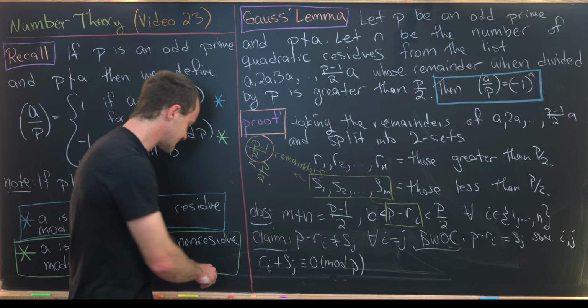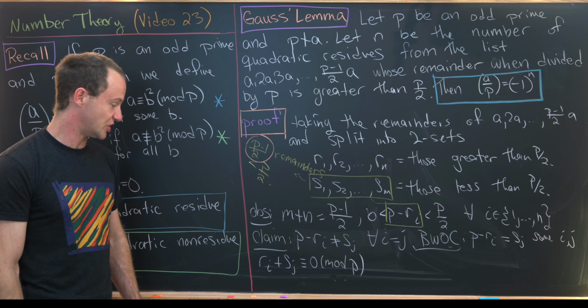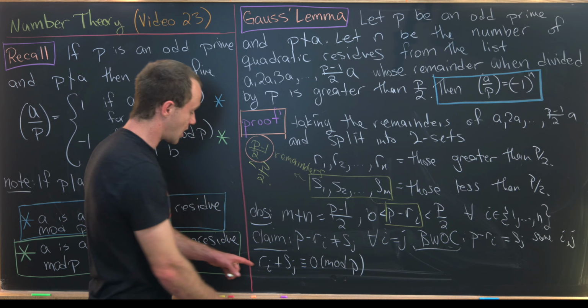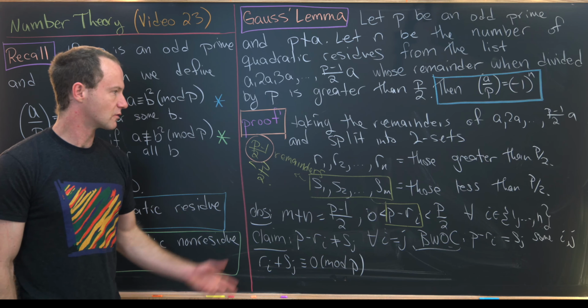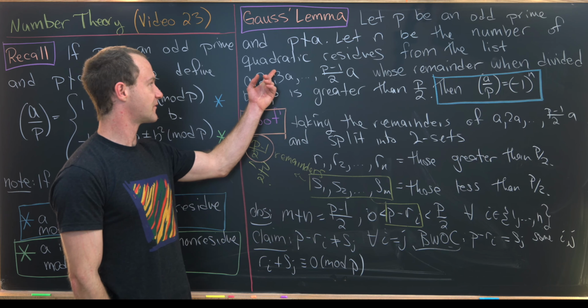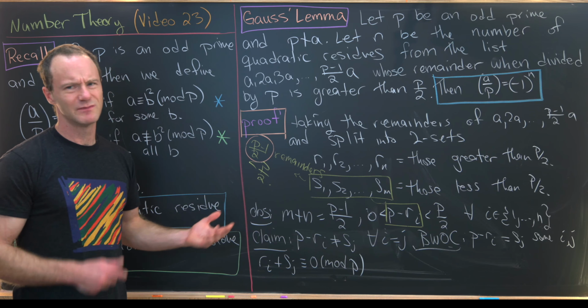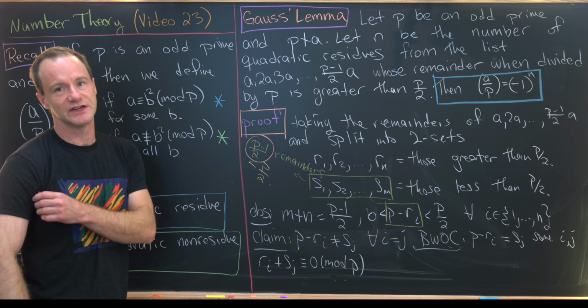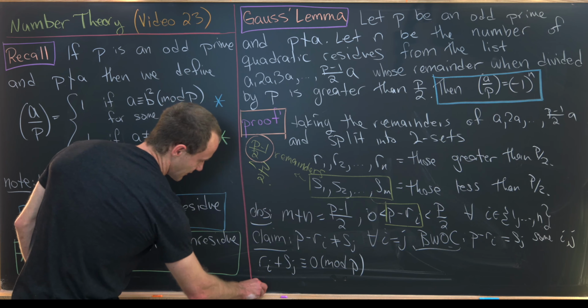Okay, but now let's also notice by our definition of r_i and s_j, these guys are congruent to people on this list up here, right? Well, they're the remainders from the elements on this list after dividing by p, but that's an alternative definition of congruence modulo p.